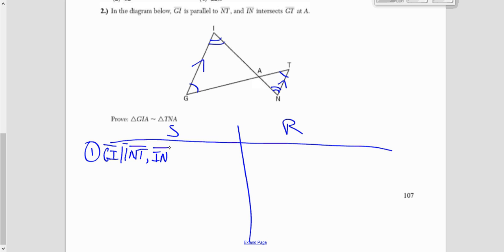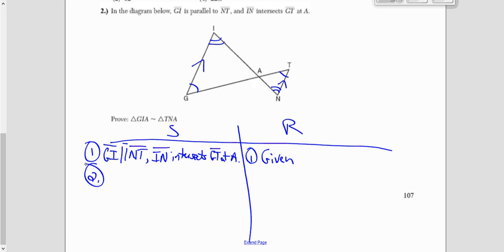So IN intersects GT at A, given. So let's get the angles we found.